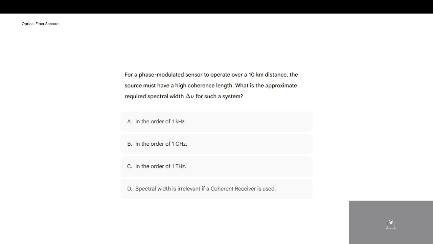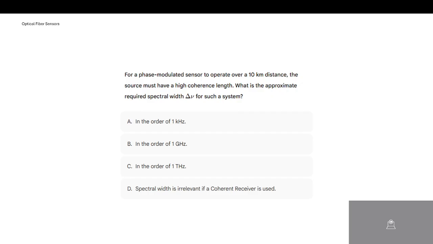Next question: for a phase modulated sensor to operate over a 10 km distance, the source must have a high coherence length. What is the approximate required spectral width del nu for such a system?